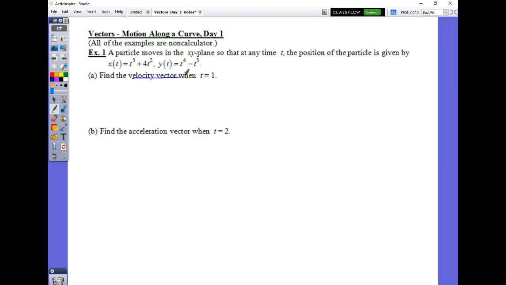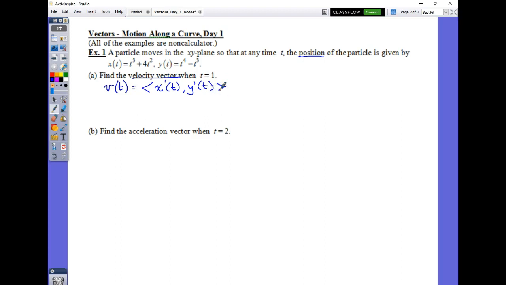So I think about this and I go, what is the relationship between position and velocity? I want to go from meters to meters per second. That is a rate of change, so we need to take the derivative. So to find the velocity vector, I'm going to call that v of t. We would need to find the x prime of t, y prime of t.